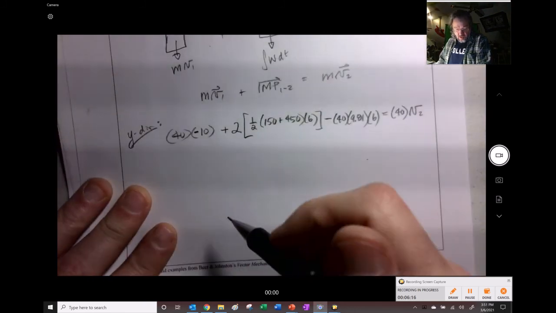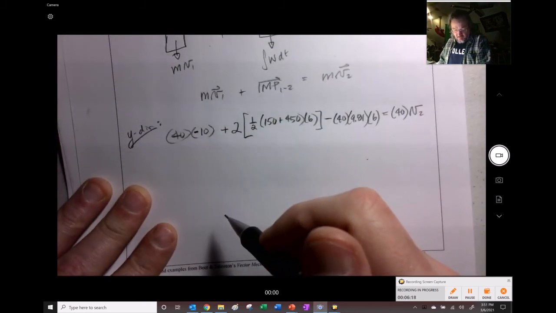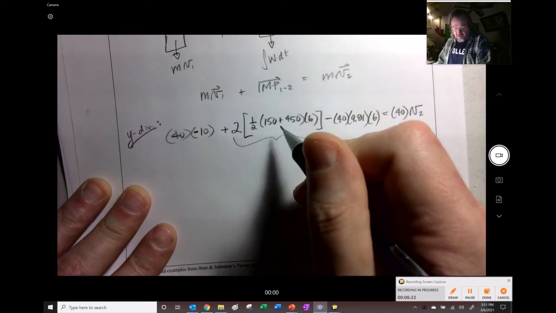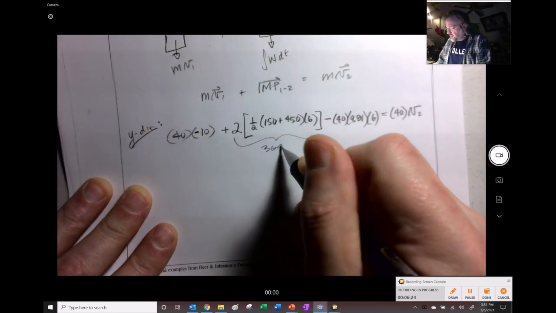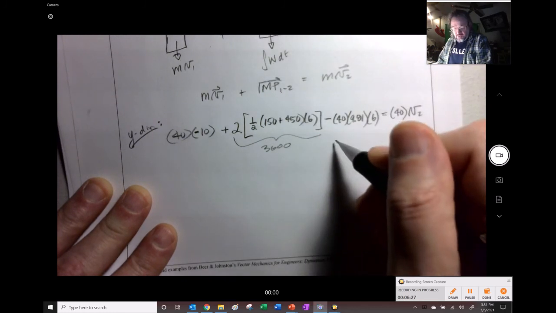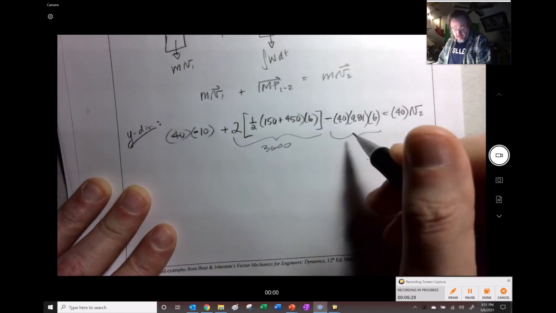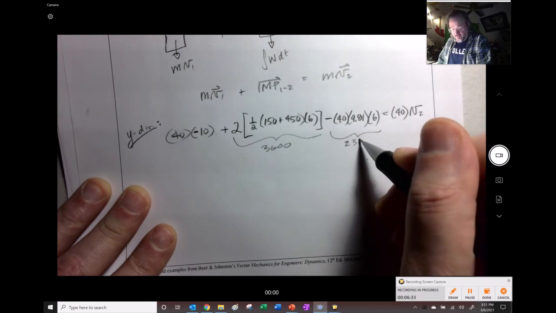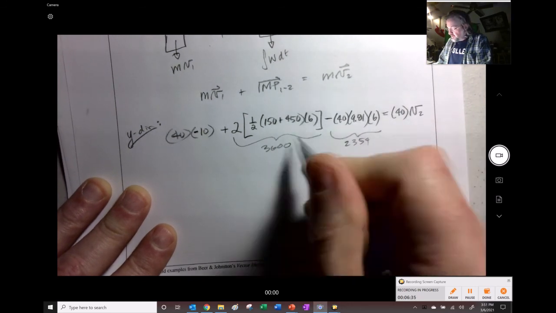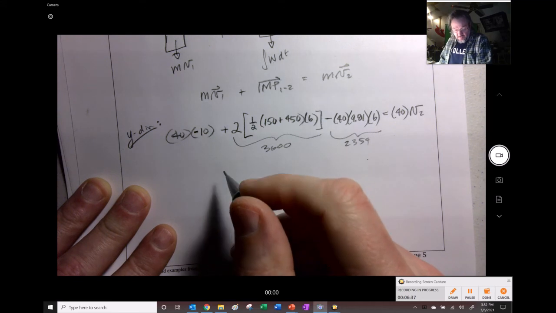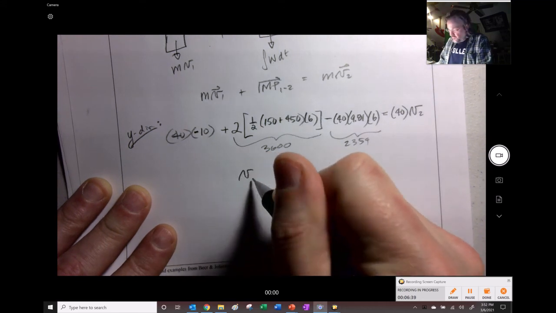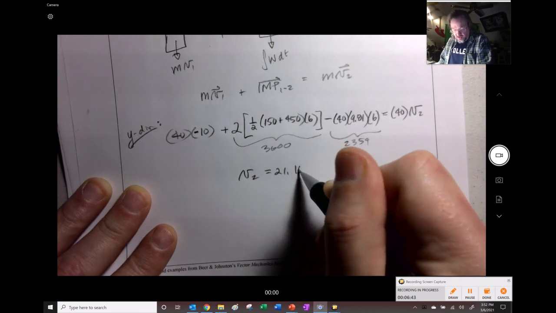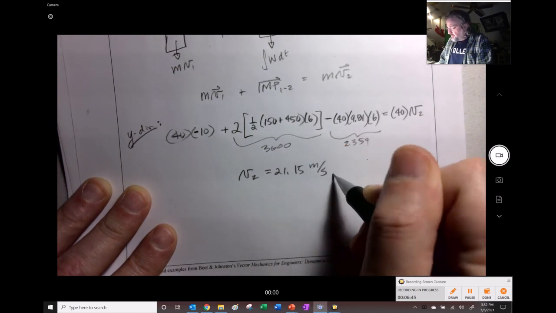By the way, if you wanted values for all of this, this is like 3,600 newton seconds, whereas this right here is negative 2,354 newton seconds. So you can see what the influence of that's going to be. We get V2 equal to 21.15 meters per second up.